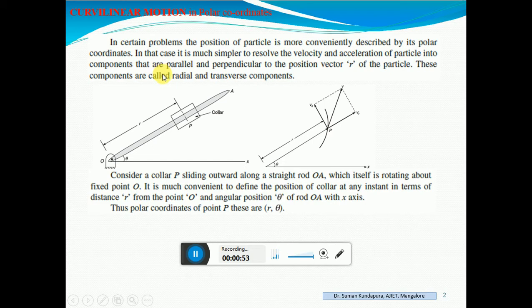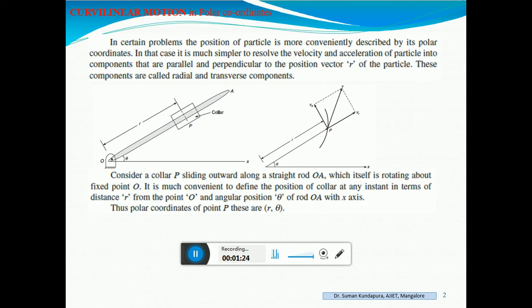Now, for example, we take a particle, say a collar which is placed on the rod OA, at a radial distance of r, that is the position vector r of the particle.